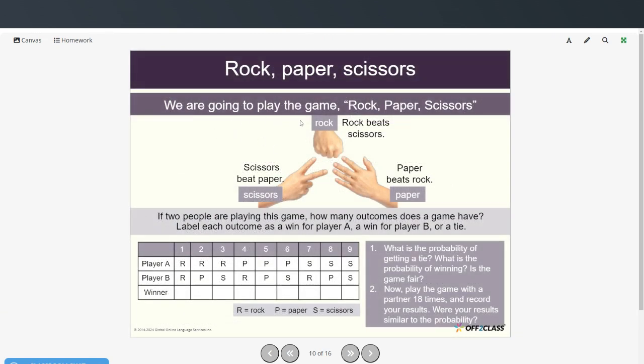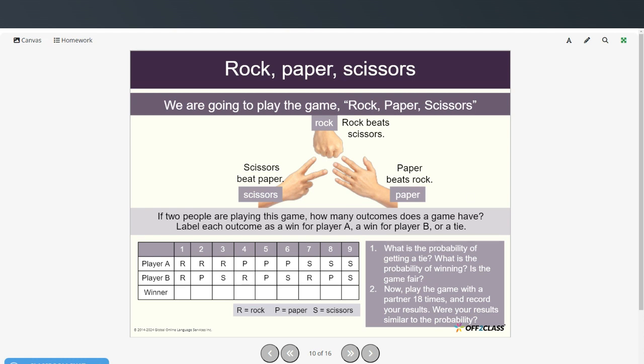Alright, so we're going to play the game rock, paper, scissors. So scissors beat paper, rock beats scissors, and paper beats rock. So if 2 people are playing the game, how many outcomes does a game have? So label each outcome as a win for player A, a win for player B, or a tie.